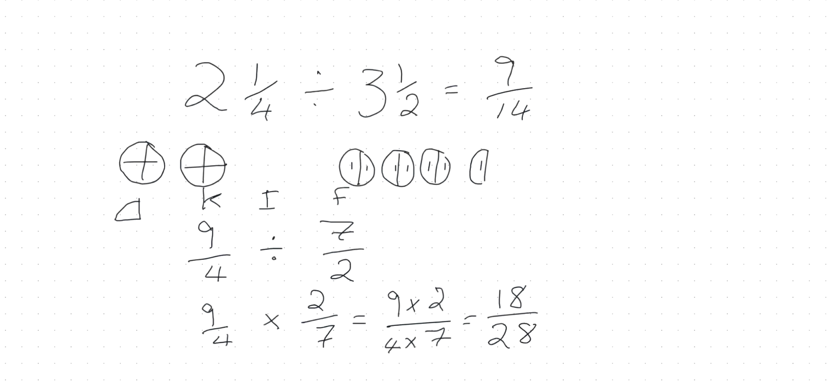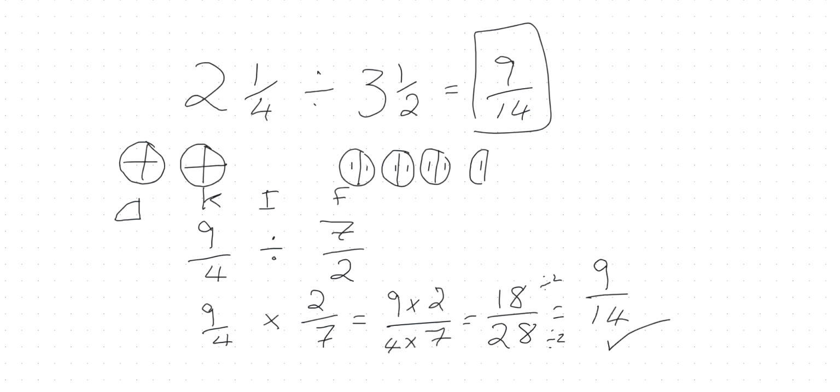Now I need to simplify it because you can see that my answer does not match the answer that it wants. So I'm going to half them because they're both even. Half of 18 is 9. Half of 28 is 14. Bing, bang, bosh. We've done it.